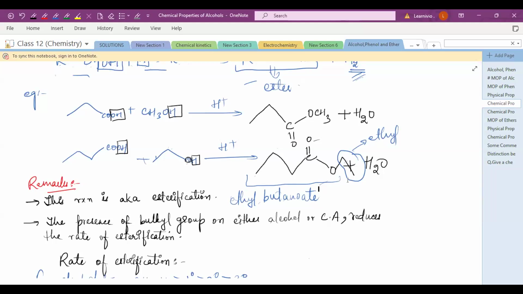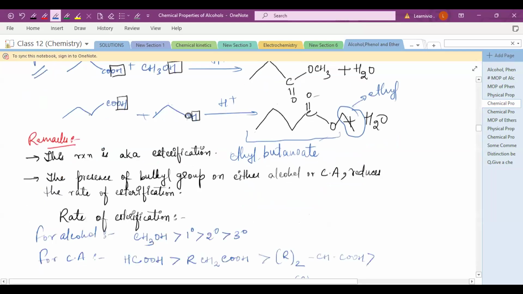This reaction is known as the esterification reaction because the ester is formed from the combination of carboxylic acid and alcohol. Got my point?